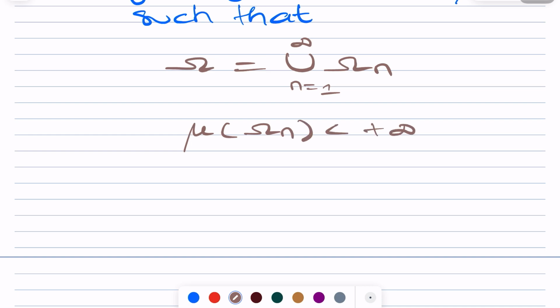So in this case, you say that the set Omega is sigma finite. Okay, good.